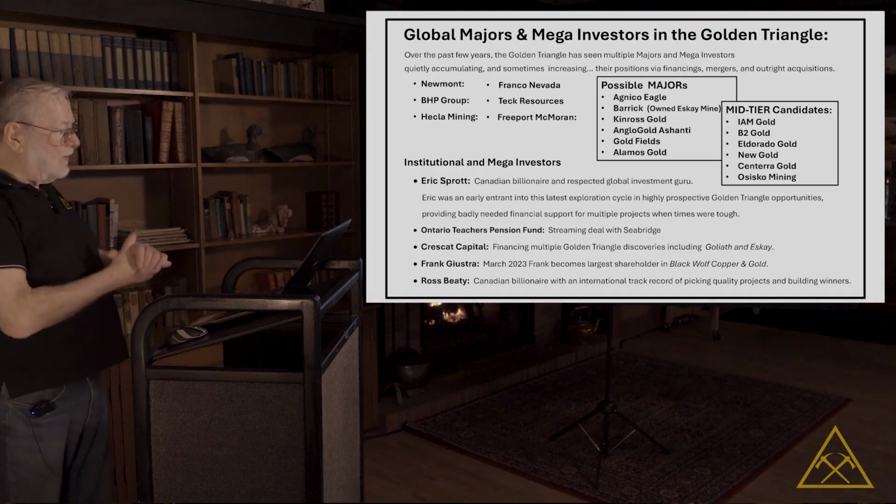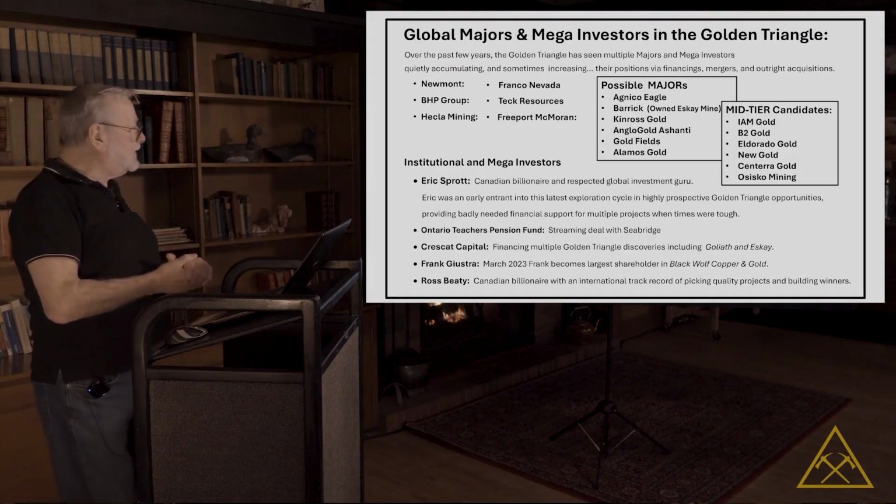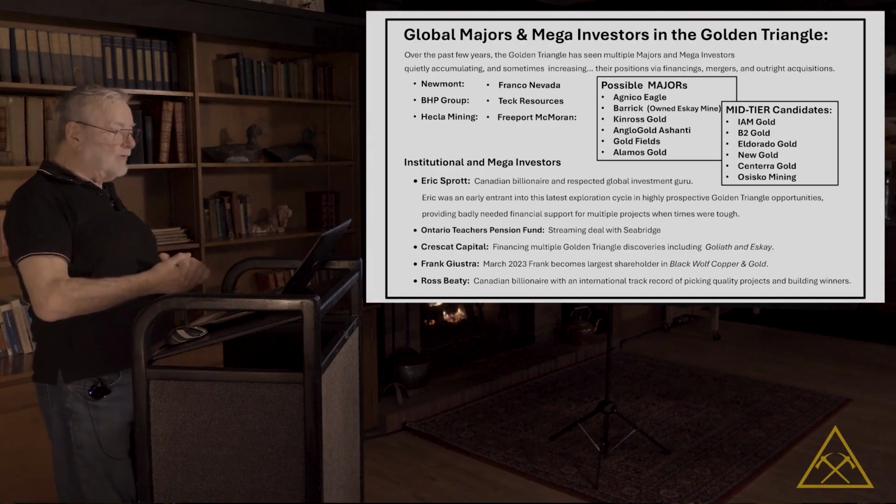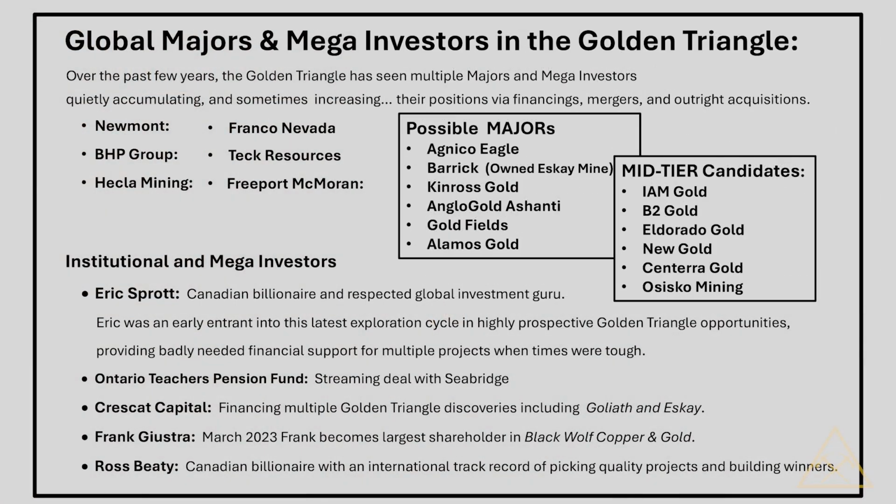Up in the Golden Triangle, there have been some recent mergers and acquisitions that investors should know about. Over the past few years, there have been majors increasing their positions via financings and mergers and some outright acquisitions. And the big players are Newmont, BHP Group, Hecla Mining, Franco-Nevada, Teck Resources, Freeport-McMoRan.